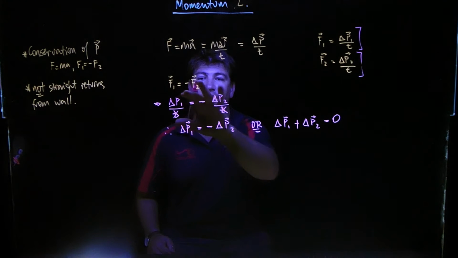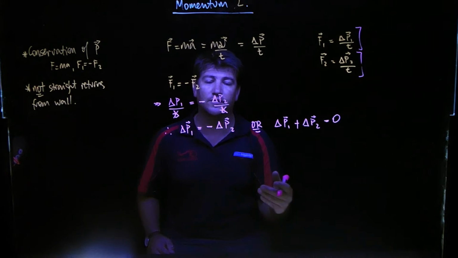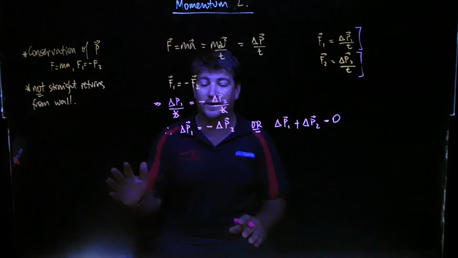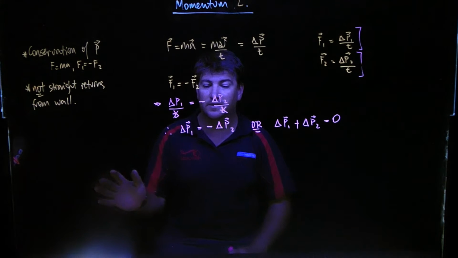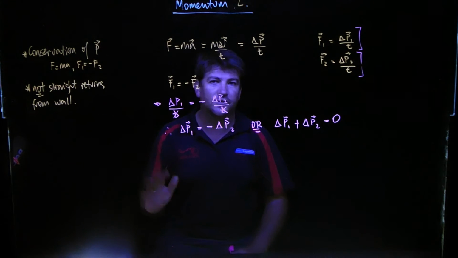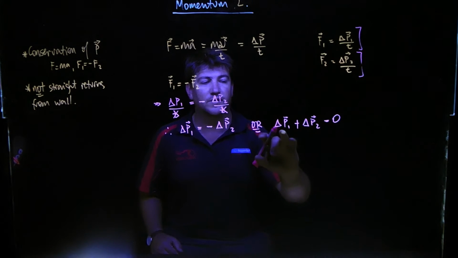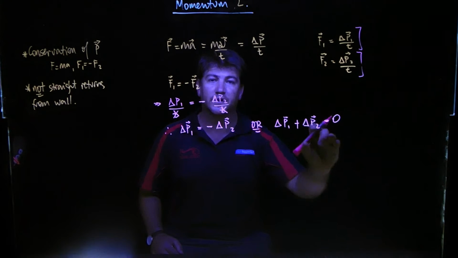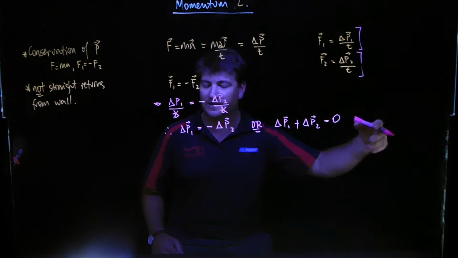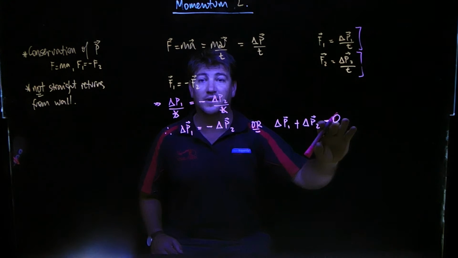These forces were the forces of interaction, the internal forces. We're not talking about external ones like gravity, or change of momentum from photons of light and weird things like that. What we're talking about is the change of momentum of the first particle plus the second plus the third plus the fourth plus the fifth, etc., is equal to nothing.